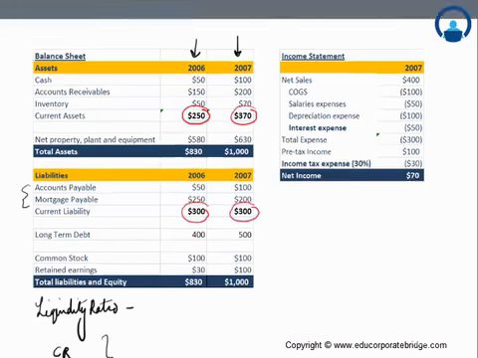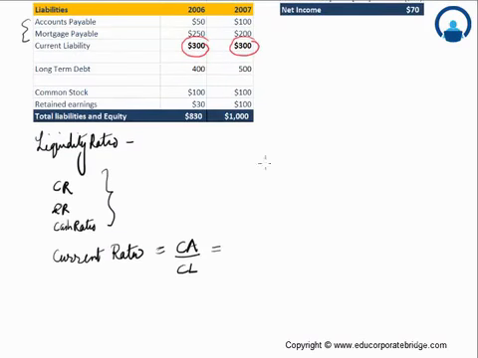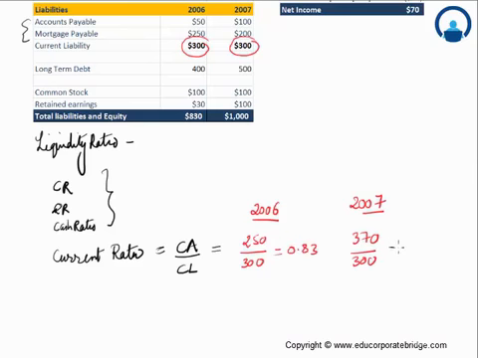So let's calculate this for both the years, 2006 and 2007. So 250 was the current asset, divided by 300, and likewise here we have 370 divided by 300. So these numbers come out to be 0.83 here and 1.23 here.